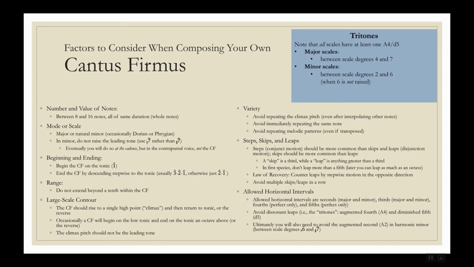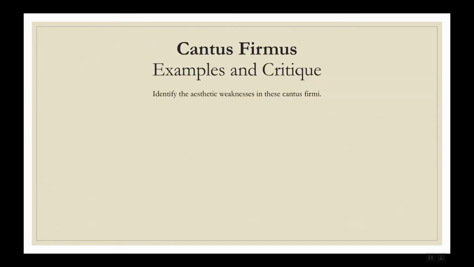And then between scale degrees 4 and raised 7, if you do raise the leading tone, between D and G sharp in harmonic minor or melodic minor. And by the way, anytime you have an augmented fourth, you can flip it and it becomes a diminished fifth. So that last one, G up to G sharp, that's an augmented fourth. But if I go G sharp up to D, it's a diminished fifth.